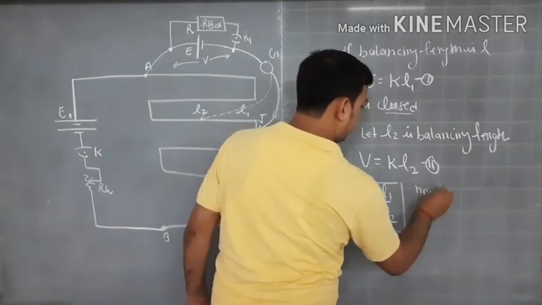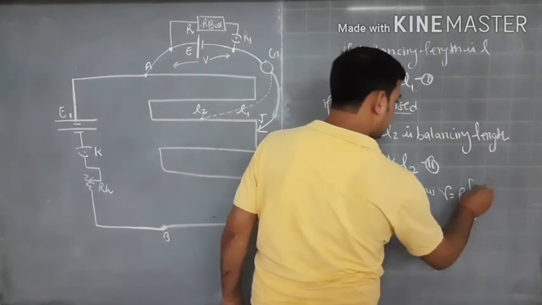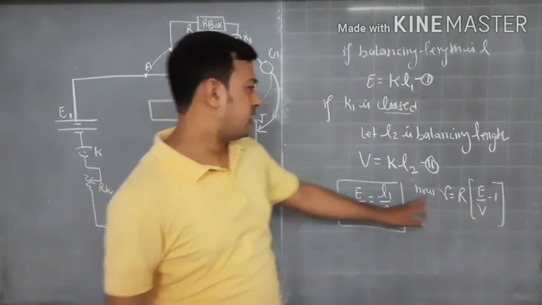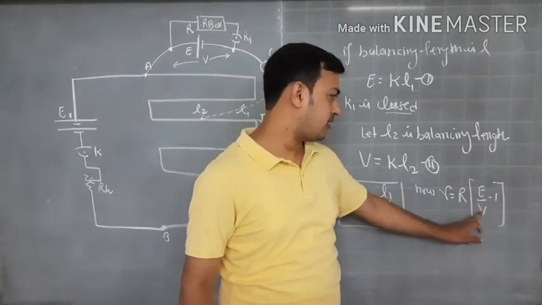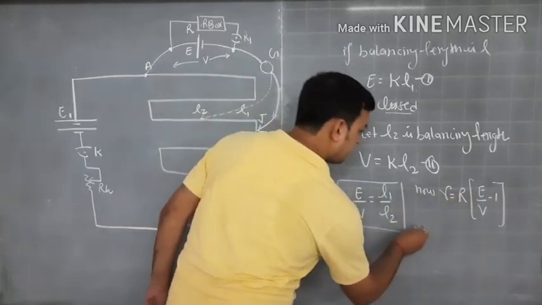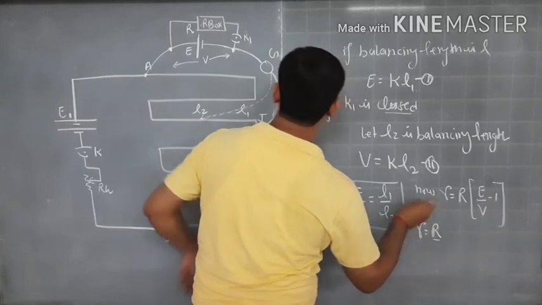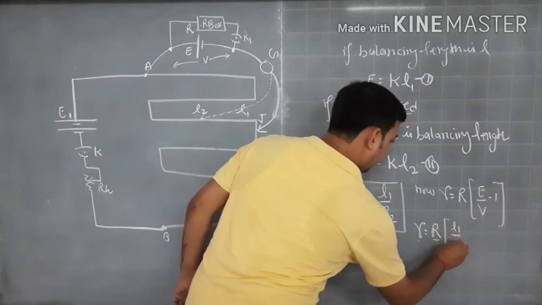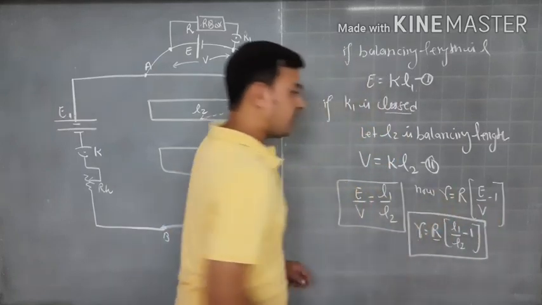Now we have a formula connecting internal resistance r and external resistance R with the EMF and the terminal potential difference. I will use the value of E by V here, and I will get r, the internal resistance, equals R, the external resistance applied through the resistance box, times L1 by L2 minus 1.